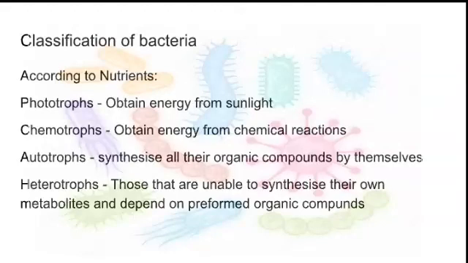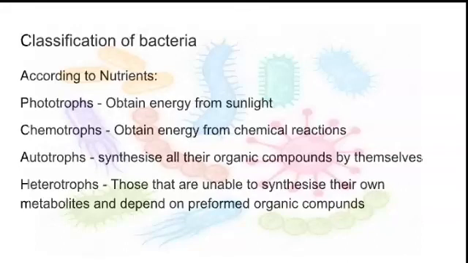Chemotrophic bacteria obtain energy from chemical reactions. What are autotrophs? They synthesize their own organic compounds by themselves. They themselves prepare their nutrition, which is called autotrophs. What are heterotrophs? They are unable to synthesize their own things, so they usually depend on some other organism for the organic compounds.